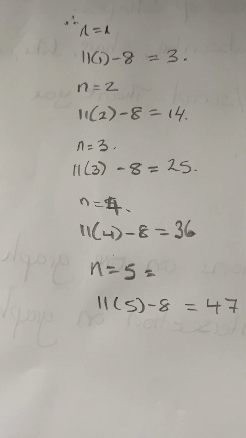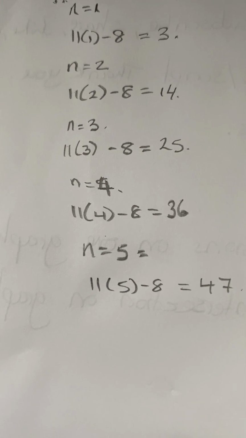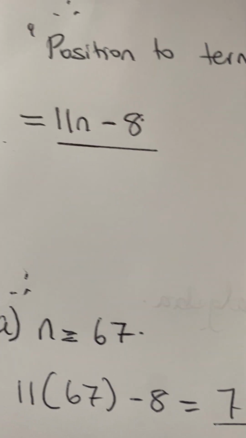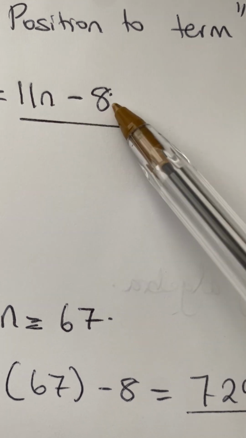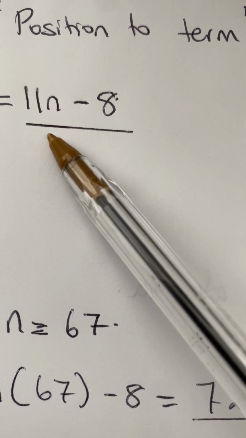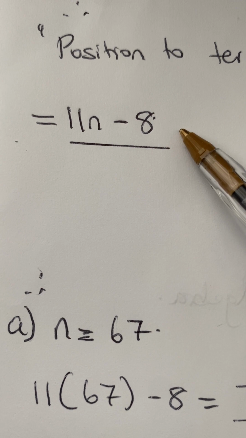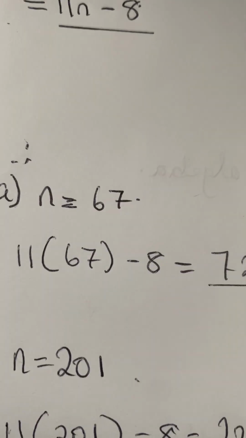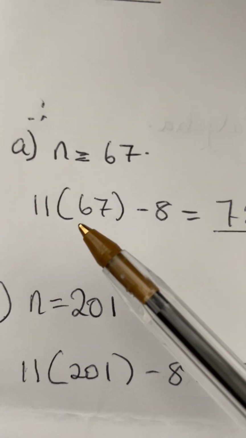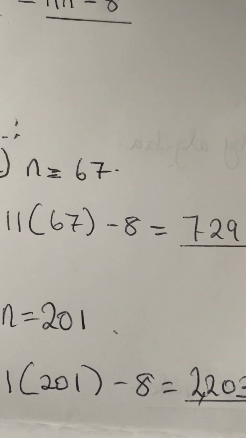So I've done this on the side. So it means our position to term rule here for this sequence is 11n minus 8. So I'm going to use that to find the 67th term, and then I've solved my first question.